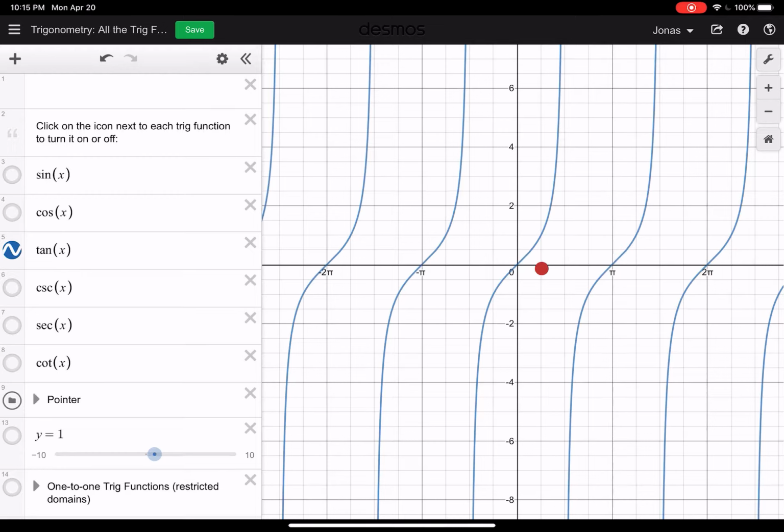What is tangent of pi over 4 equal to? If x is pi over 4, we go up until we hit the function, and we see that it comes out exactly equal to 1. So tangent of pi over 4 is equal to 1. If it helps to think in degrees, pi over 4 radians is equal to 45 degrees, and a 45 degree angle is when the tangent is equal to 1.